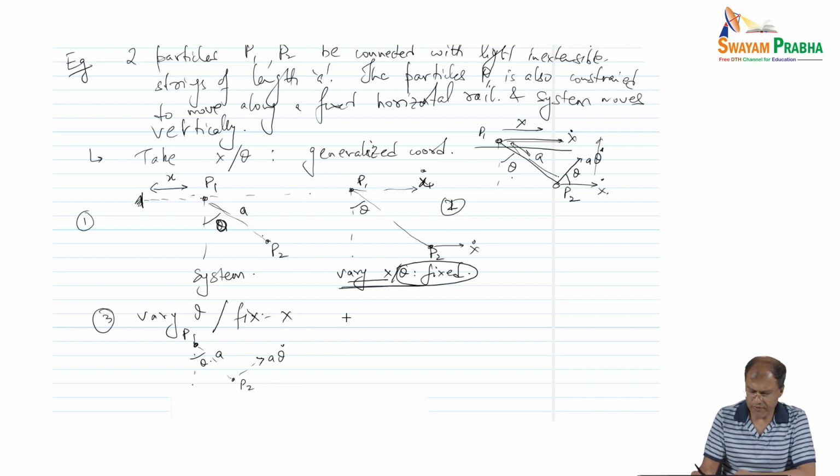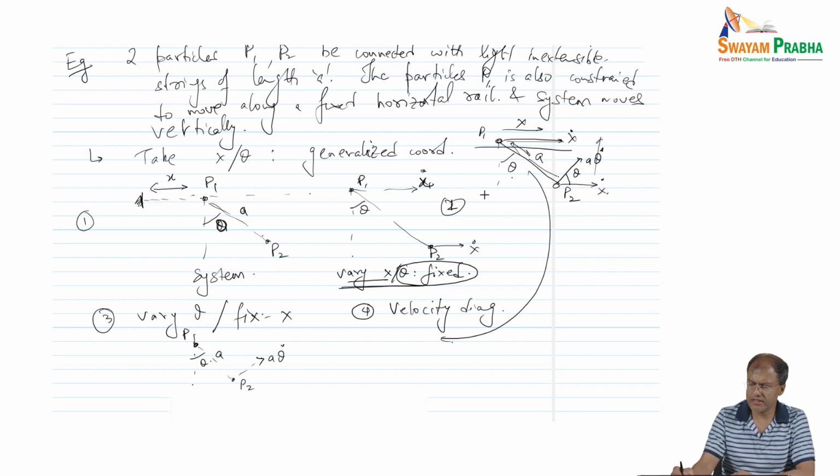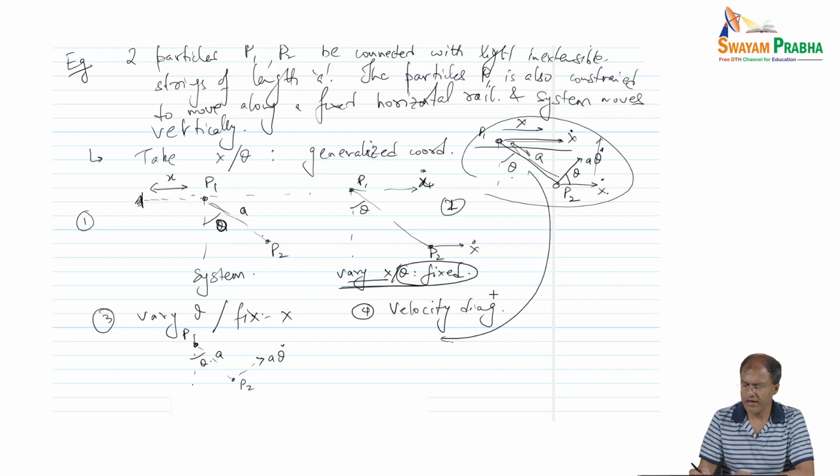And then finally step 4 of the velocity diagram is we arrive at the final velocity diagram, where we superpose all the motions that we saw in steps 2 and 3, and we get the velocity diagram, which is as follows.